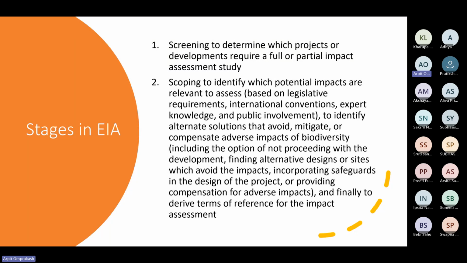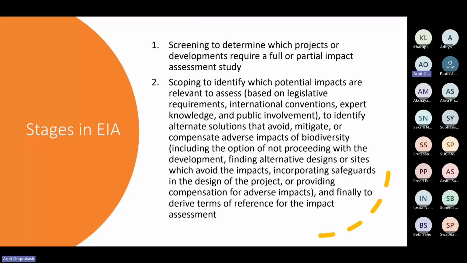Then other things such as how much area is getting disturbed, how much area is getting submerged, how much water is getting affected downstream, and things like that. So scoping is to identify which potential impacts are relevant to assess, and to identify alternate solutions that avoid, mitigate, or compensate adverse impacts on biodiversity.